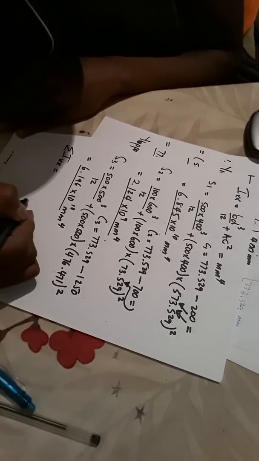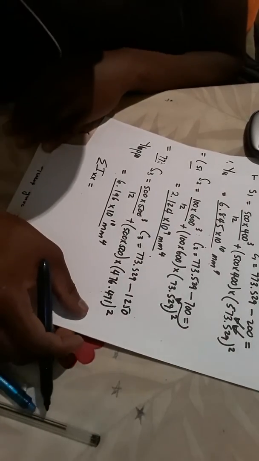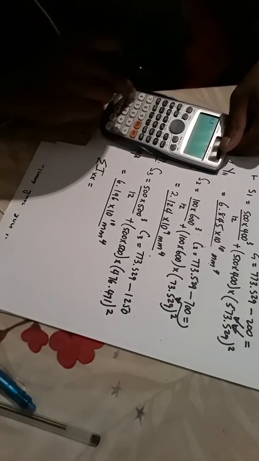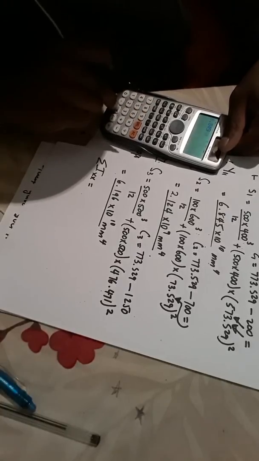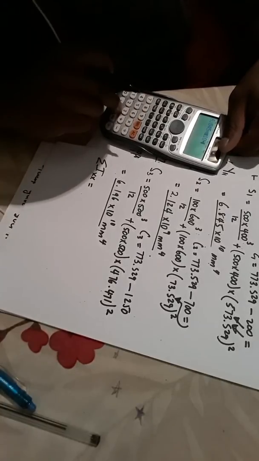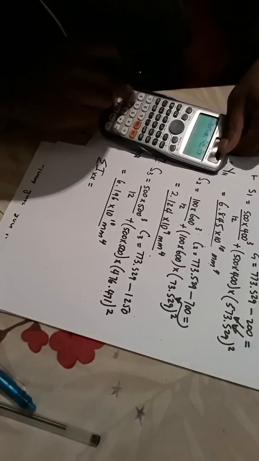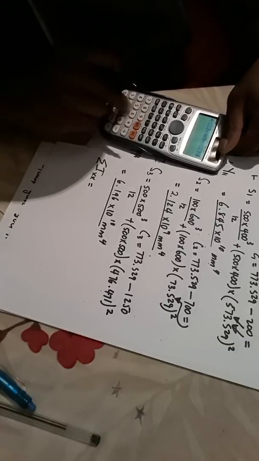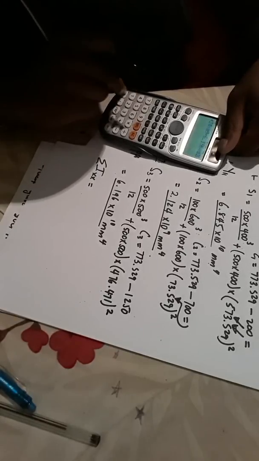So we have calculated Ixx for shape 1, shape 2, and shape 3. So at the end, we'll get the sum of Ixx, of which will be the Ixx that we're going to use in our formula to calculate shear stress. So we'll add Ixx of shape 1, 6.845 to the power 10 plus 2.124 to the power 9 plus 6.196 to the power of 10.